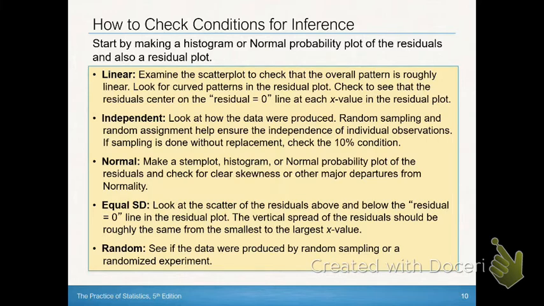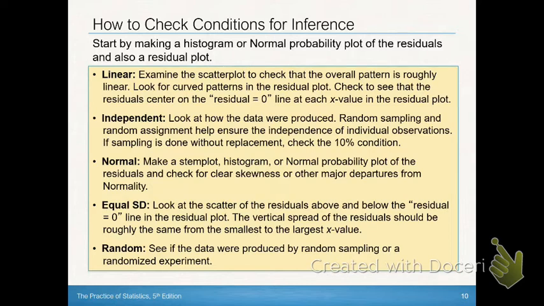We want to know that we took a sample without replacement, and then if that was the case, that the sample size was less than 10% of the population size. We want to know that the distribution of our residuals is approximately normal. So we're either going to make a stem plot, a histogram, a dot plot, or a normal probability plot, and we're looking for no outliers or strong skew so that we can say that those residuals are normally distributed.